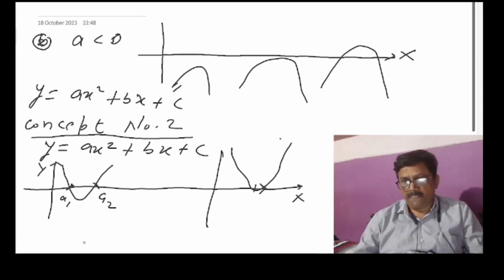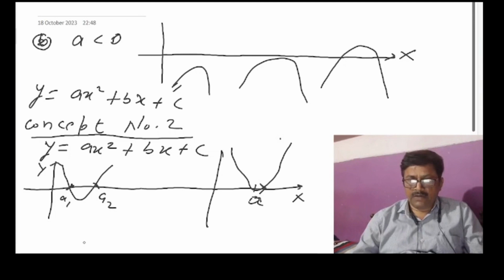It means at this point x equal to a, y is 0. So x equal to a is the root of the equation. So there is only one root. So at x equal to a, the equation will be 0. Our expression will be 0. So this is our root.